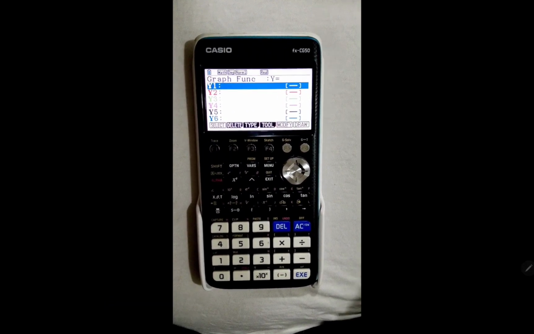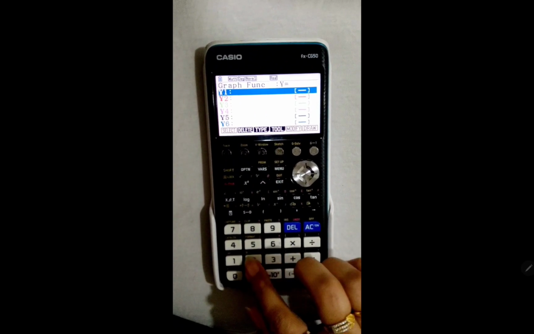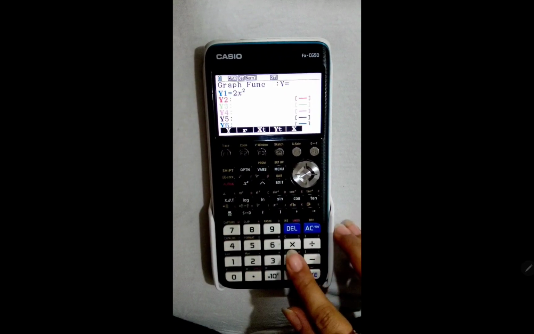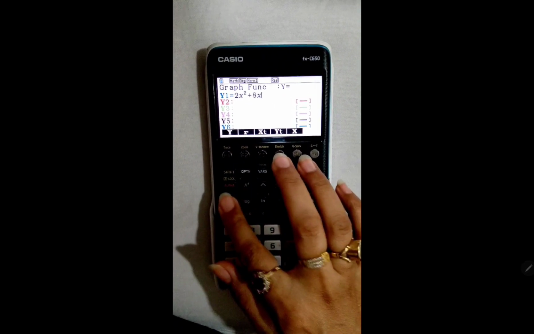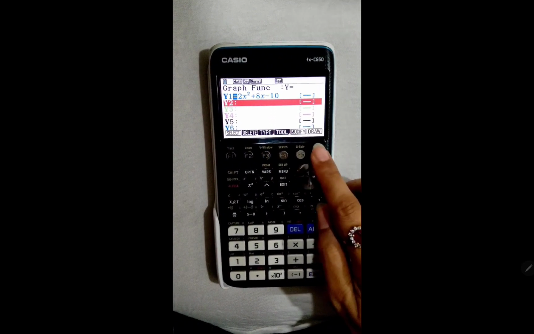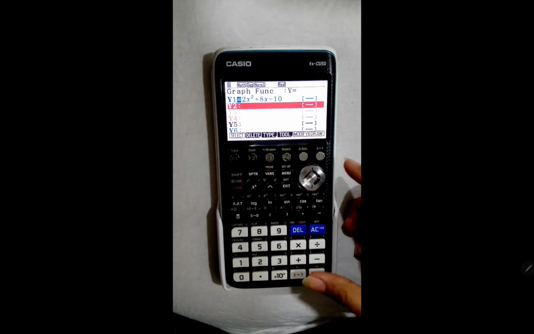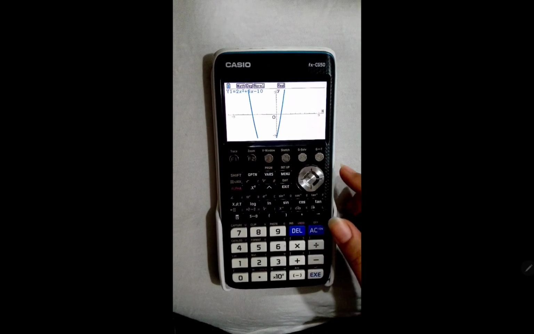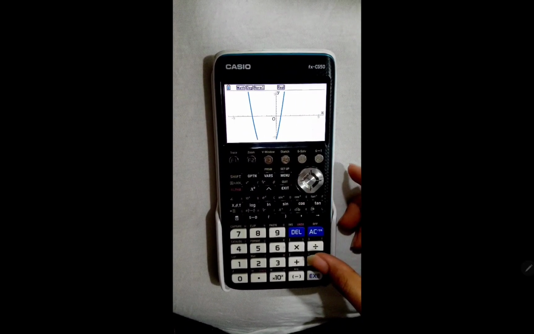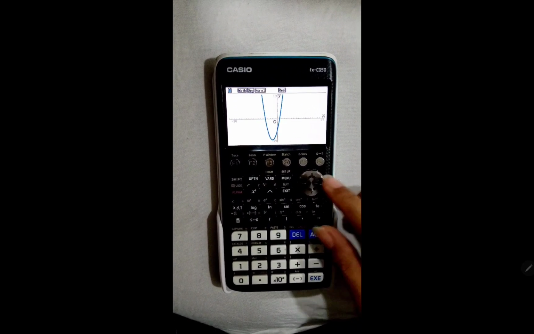Now let's see what all we can find out for a particular quadratic equation. I will take the equation 2x square plus 8x minus 10. I will press execute, draw. You have to go in V window, standardize, and then again draw. If you see this kind of thing, you can press minus so that it comes in your given window.